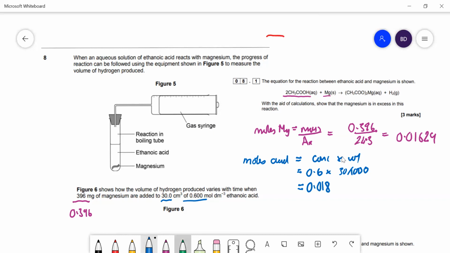So if it was to have enough ethanoic acid, we need 2 times that. 2 times 0.01629, which is equal to 0.0326 moles, and we haven't got anywhere near enough. We've only got about half of that amount. So the magnesium is in excess.